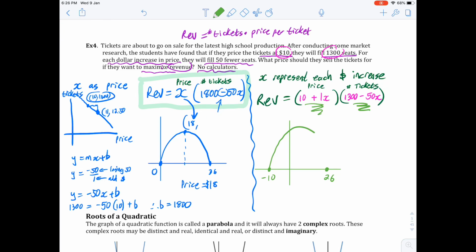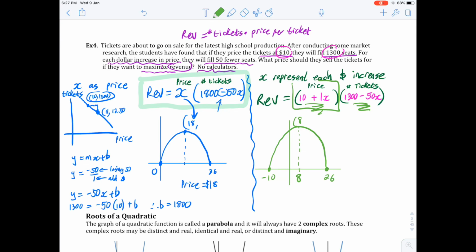And once again, our function is going to open down. If we identify the midpoint of those two, so 26 minus 10 gives you 36, divided by 2 is 18, minus our 10, you can see that this is going to occur at 8, and so our maximum occurs at x equal to 8.